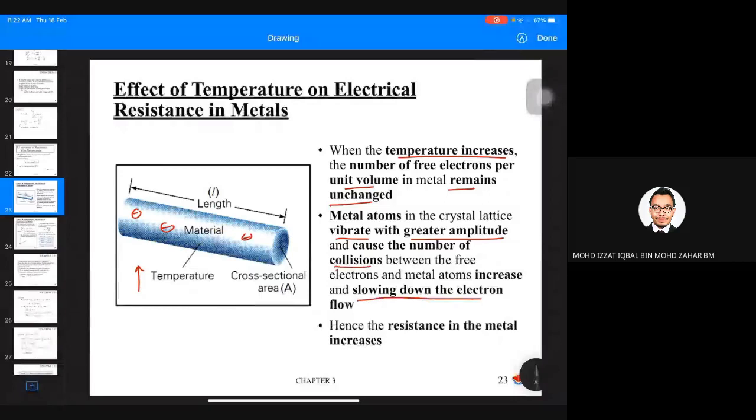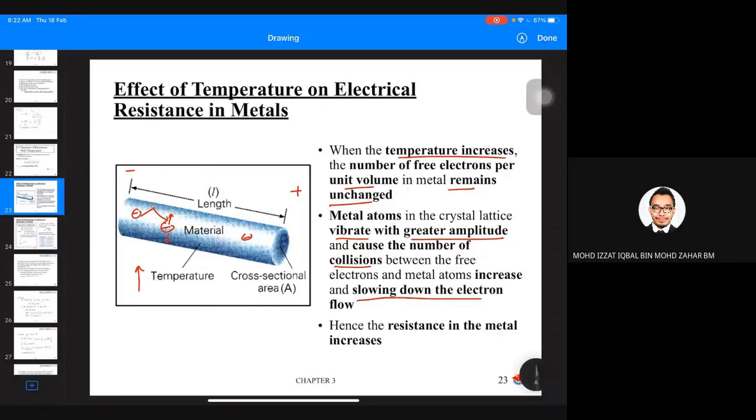So if you guys still remember from the microscopic model of current, let's say I put negative here and positive this side. The electron will try to flow from negative to positive. But when the temperature increases, this one vibrates more, and at the same time the electrons try to move in that direction.